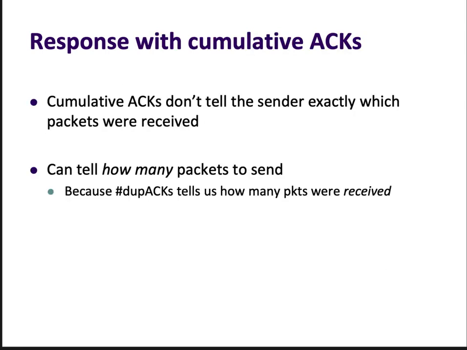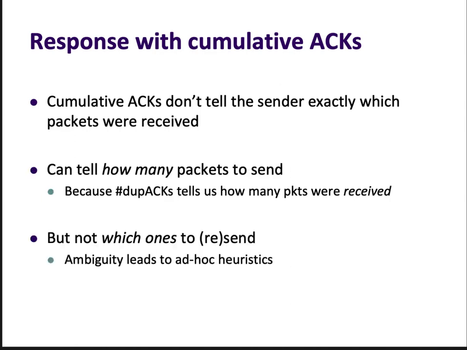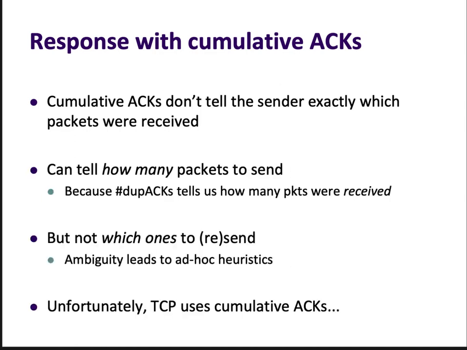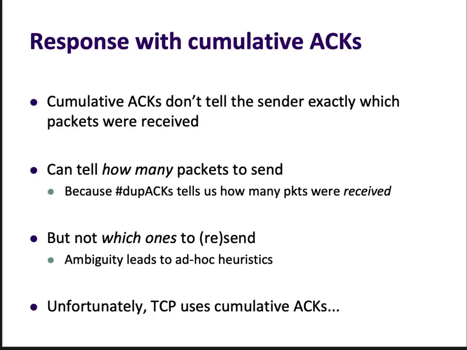They do tell you how many packets were received. That's the number of duplicate ACKs, not which ones to resend. And so that leads to some amount of guesswork around which one you should retransmit. When we do TCP, we'll talk about how TCP does this in detail. Let's come back to this if people want to actually walk through the example.